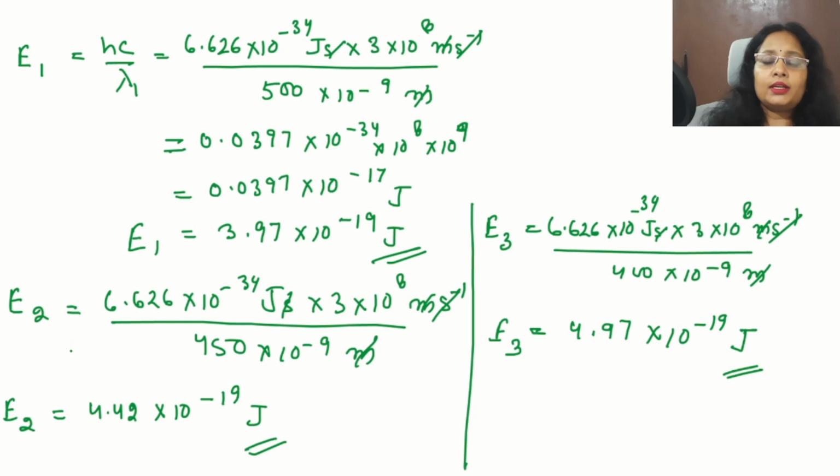Now the next thing is we need to calculate the kinetic energy. Let's start with the kinetic energy. KE is equal to 1 by 2 mv square. Here v means velocity, and m is the mass of the electron.